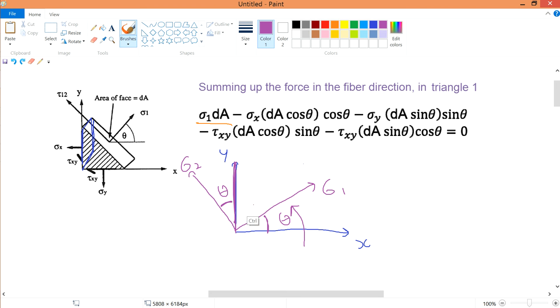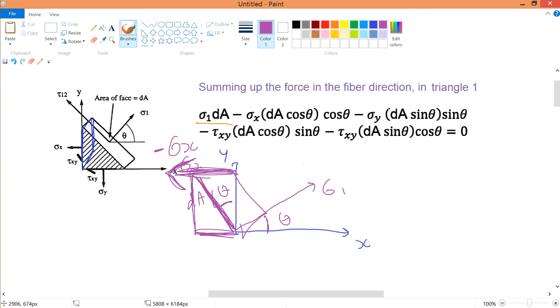If I draw it boldly, this is your sigma x, minus sigma x, which is this one. And this thing over here is your dA. Okay, this is your dA.